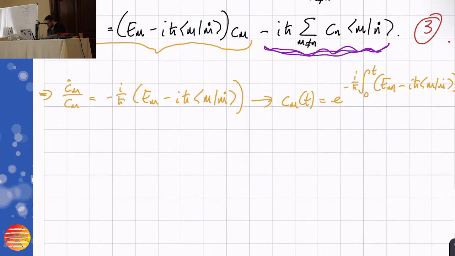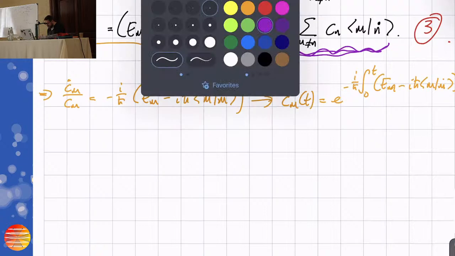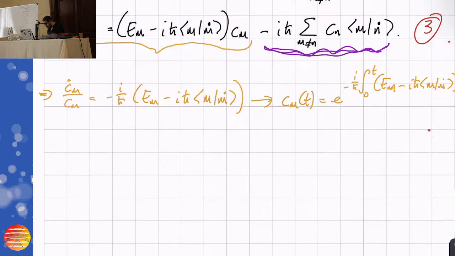Just as an interesting aside here, let's have a little look at this simple solution.